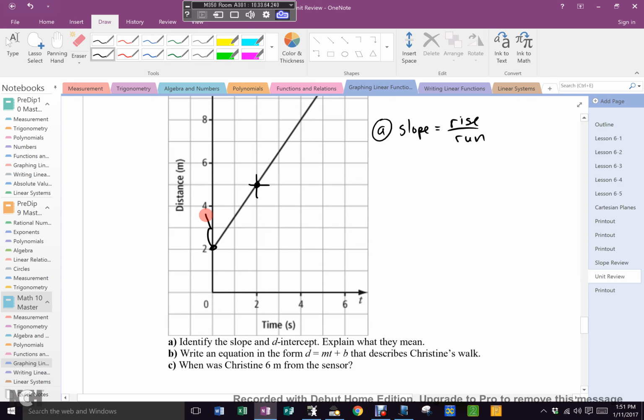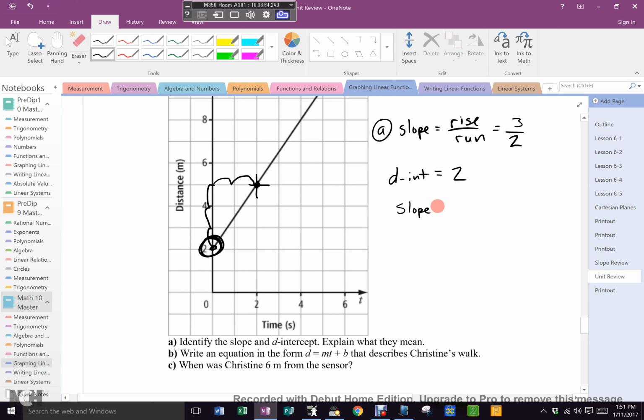So I go up 1, 2, 3. So my rise was 3, and my run 1, 2 was 2. So there's my slope, and my d-intercept is right there, which equals 2. What do they mean?